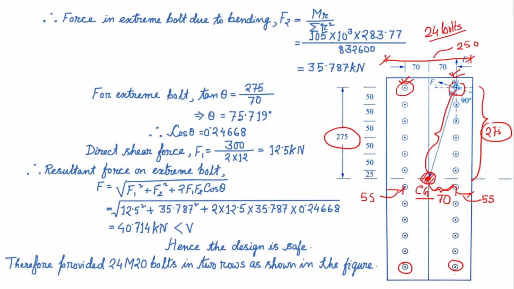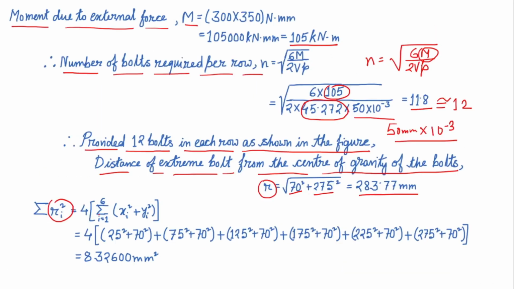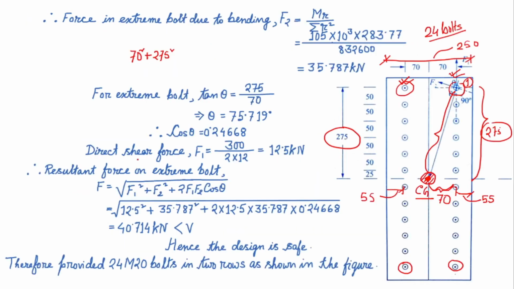So the first distance of CG to this, suppose this is the number 1, this distance is 70 square plus 275 square. No need to take the square root, as we are going to calculate Ri square, the square of the distance. Okay, this is the first bolt.